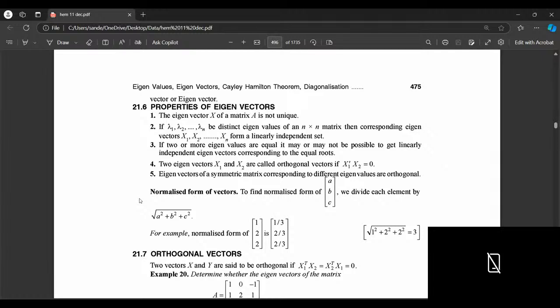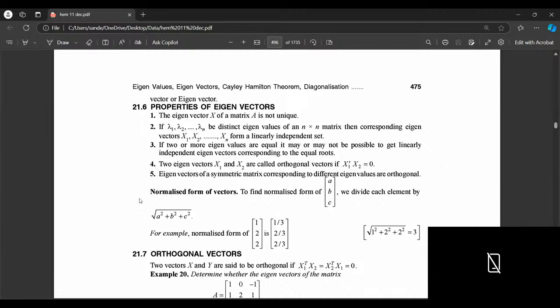In descending powers of lambda, we will get it. If we have a 3 by 3 matrix, we get a third degree polynomial, a third degree equation.